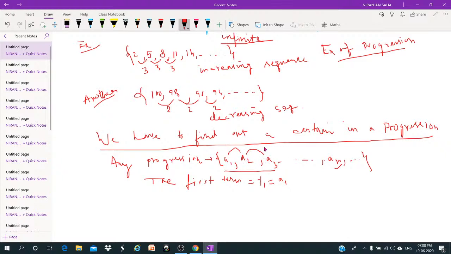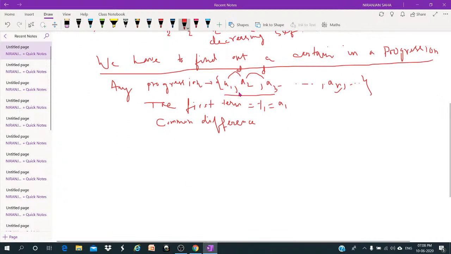So we take this common difference as D, the common difference between any two consecutive elements, either these two elements or these two, not this element and that element. Then we have to find the nth element.